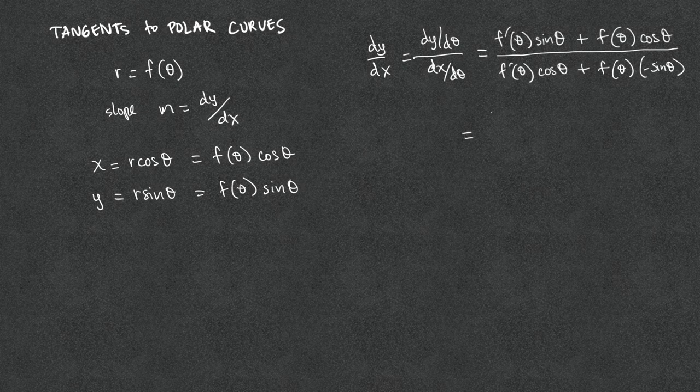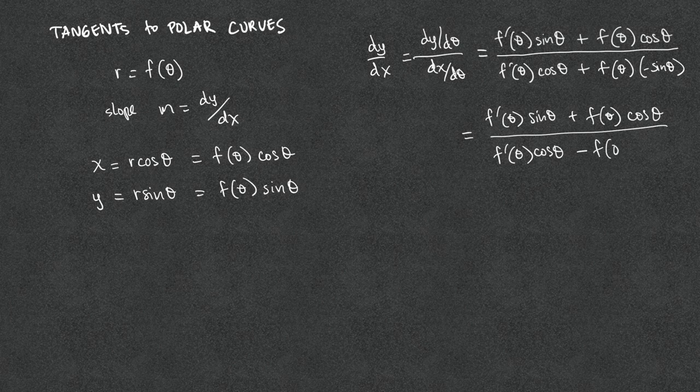Rewrite this as f prime theta sine theta plus f theta cosine theta over f prime theta cosine theta minus f of theta sine theta, which will give us dy over dx.